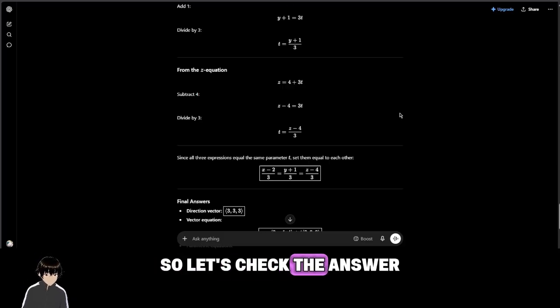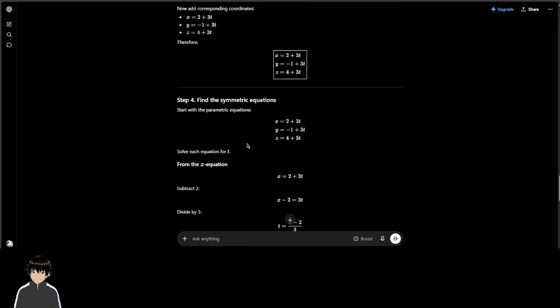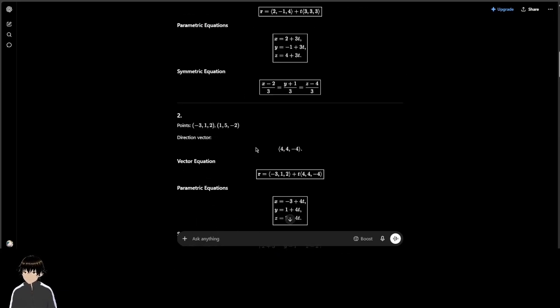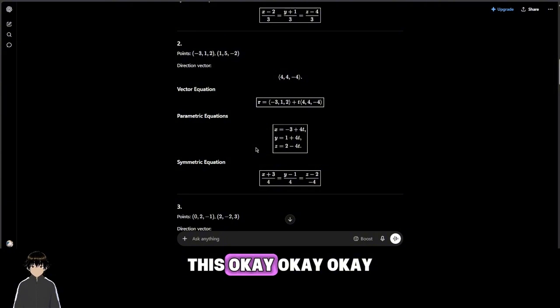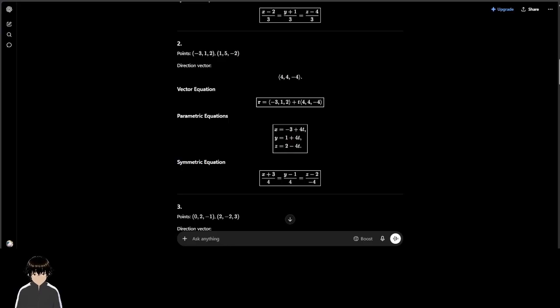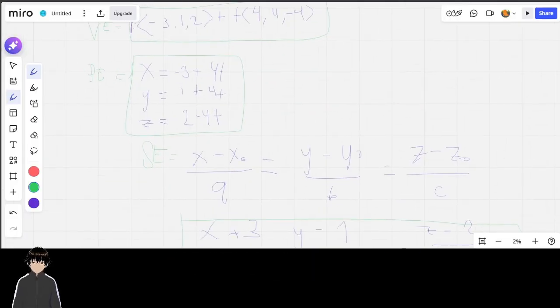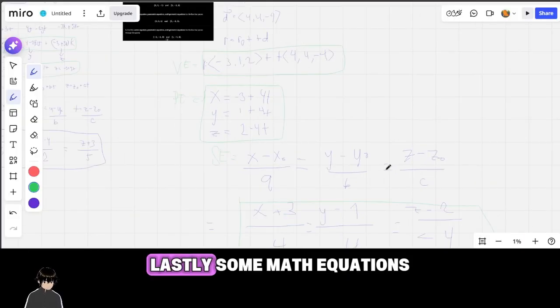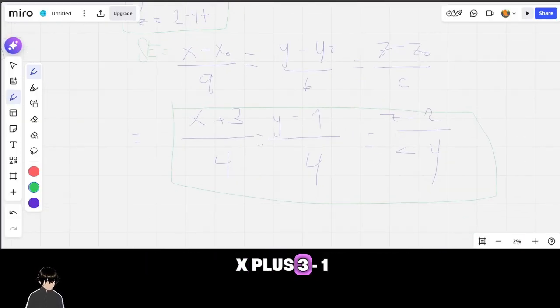So let's check the answer. Vector equation, we're right. Parametric equations: negative 3 plus 4t, 1 plus 4t, 2 minus 4t. Right. And then lastly, symmetric equations: x plus 3, y minus 1, z minus 2.